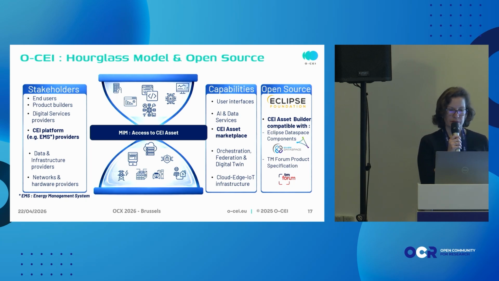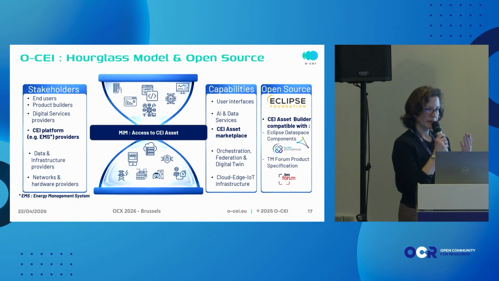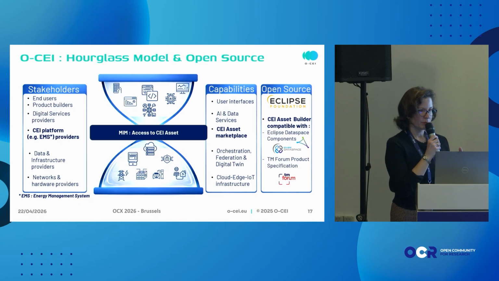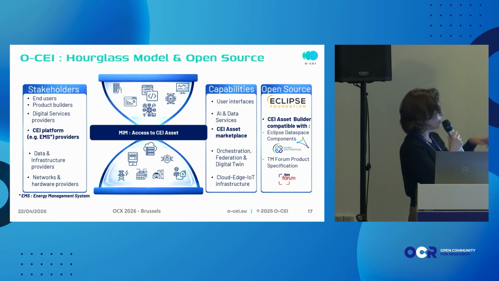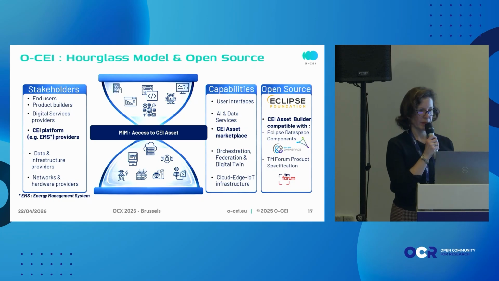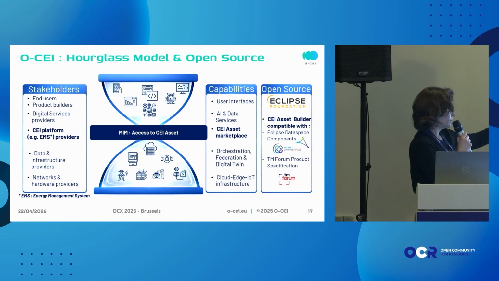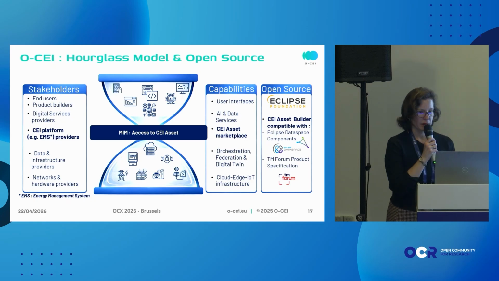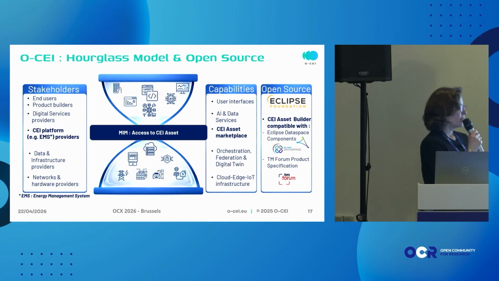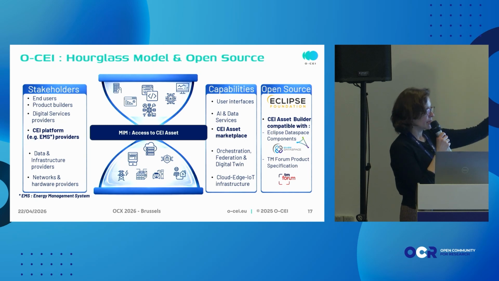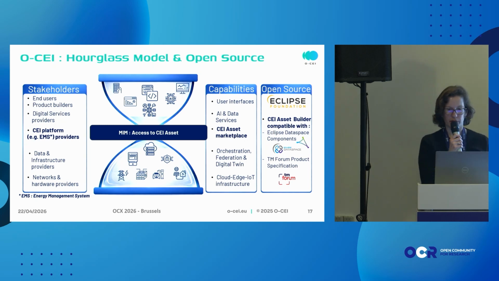This allowed us to identify the minimum interoperability mechanism that is the most needed in this project, and this is, as illustrated in the middle, finding a way to give access to CI assets to both the users, the top part of the stakeholders, as explained by Antonio, and also the infrastructure providers. This way, they can all implement and make available the capabilities that they are responsible for.